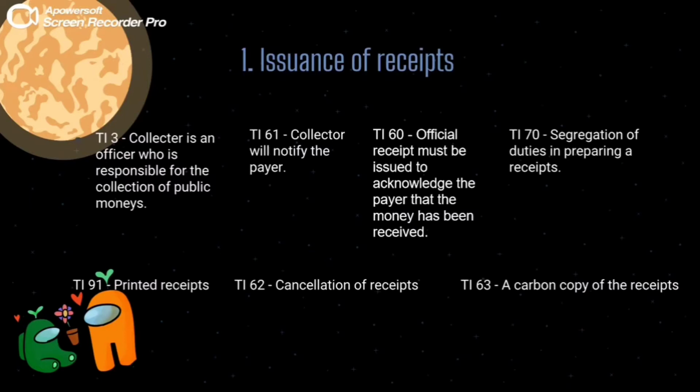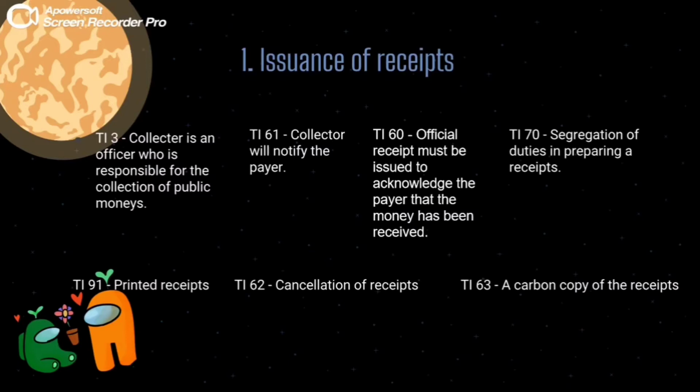Furthermore, TI-70 states segregation of duties in preparing a receipt. Any receipt must be prepared by one officer and signed with a carbon copy by another officer who also received the money. An official receipt can also be printed out directly from the system as approved by the Accountant General.